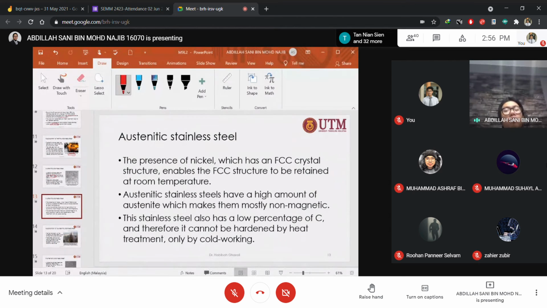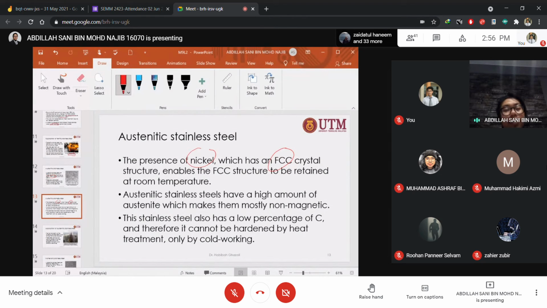The presence of nickel, which has an FCC crystal structure, enables the FCC structure to be retained at room temperature. So nickel has FCC, so it stabilizes the FCC structure, and austenitic stainless steel has a high amount of austenite, which makes it mostly non-magnetic. Ferritic is magnetic, so if we have a large amount of austenite, it becomes non-magnetic.